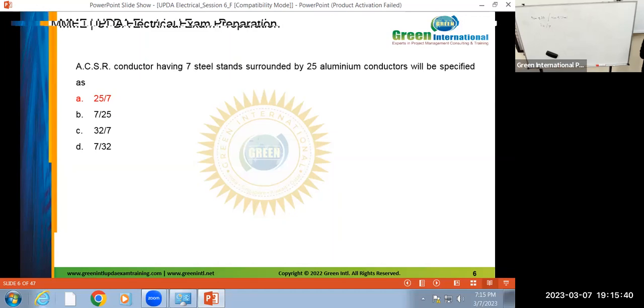So we say it like this, but actually we represent it as 25/7. Because one of the engineers in the classroom immediately takes the calculator and gives the answer. Maybe unfortunately in your exam that option is also there, so by mistake you may select it. That's why I insist here: number of aluminum conductors slash steel conductors.